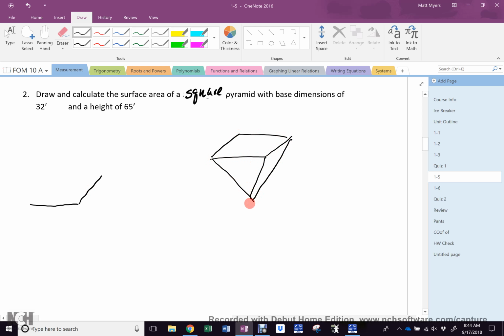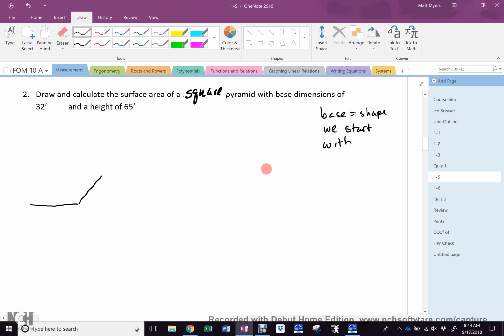So where's the base? The base is not the bottom. Up here. Because the base is the shape we start with. Okay? Get base as bottom out of your head.